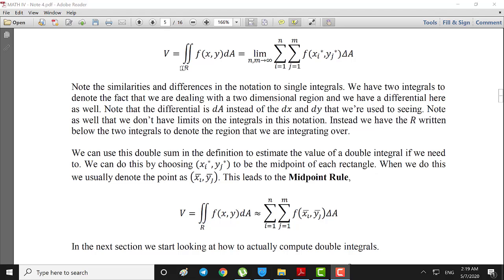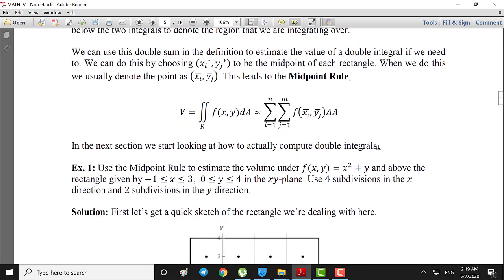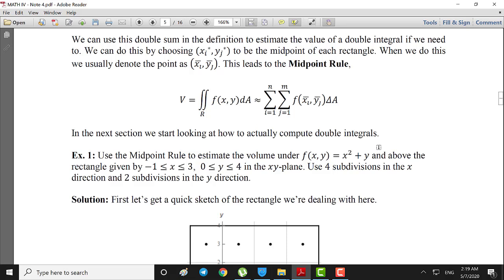Now, we can use this double sum in the definition to estimate the value of a double integral if we need to.